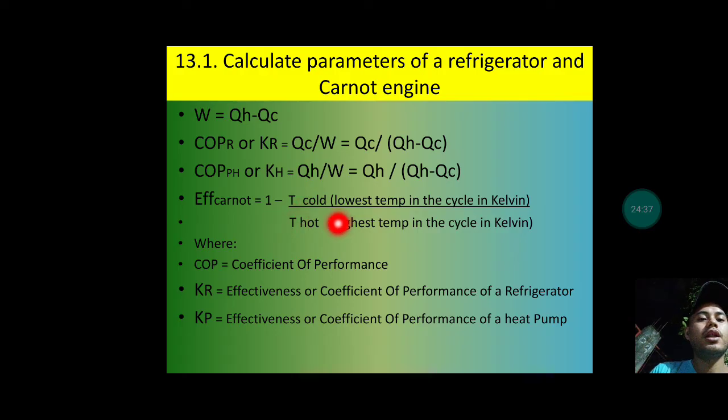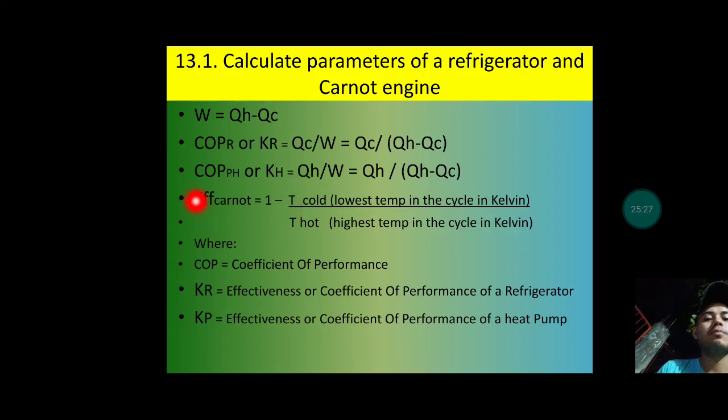So first is the efficiency, which is 30%, equals 1 minus 473 Kelvin over T hot. First, transpose the Carnot efficiency, 0.30, to the right side of the equation, so it becomes 1 minus 0.30, while the T cold over T hot is transposed to the left side, turning positive.